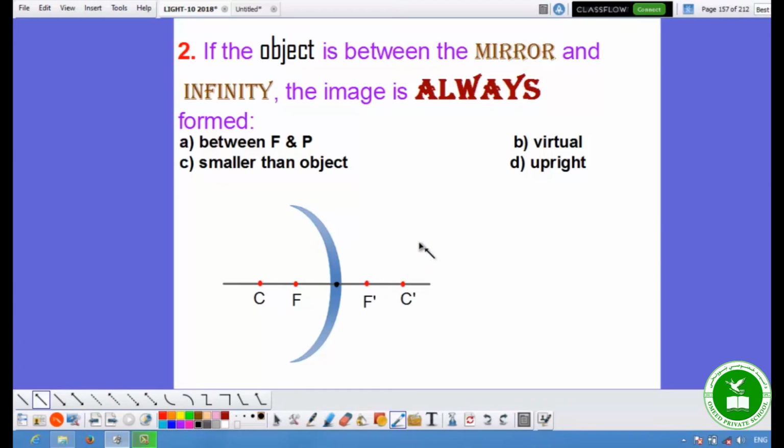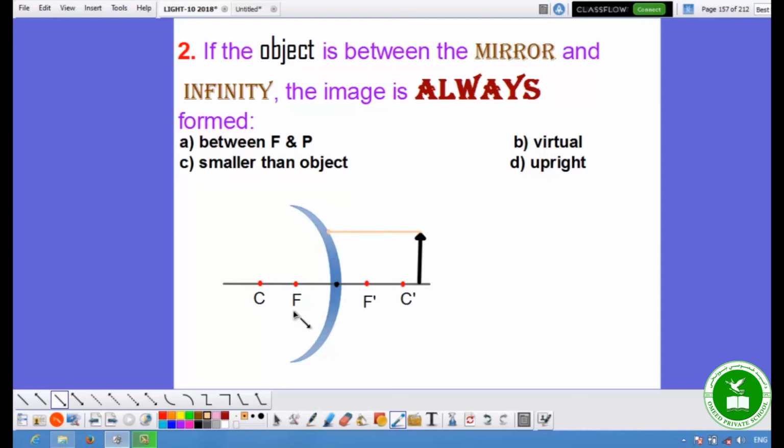Let me draw one object here. This is the object. Now let's draw the image of this object. Again, for image formation we have to use special rays, right? One special ray was, you remember, parallel to the principal axis. This is the principal axis.